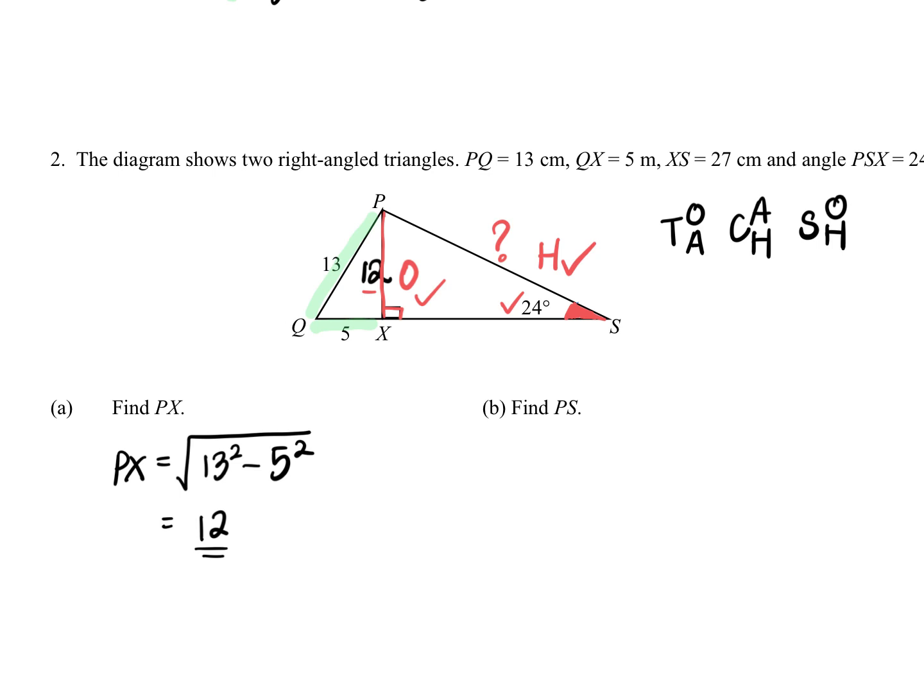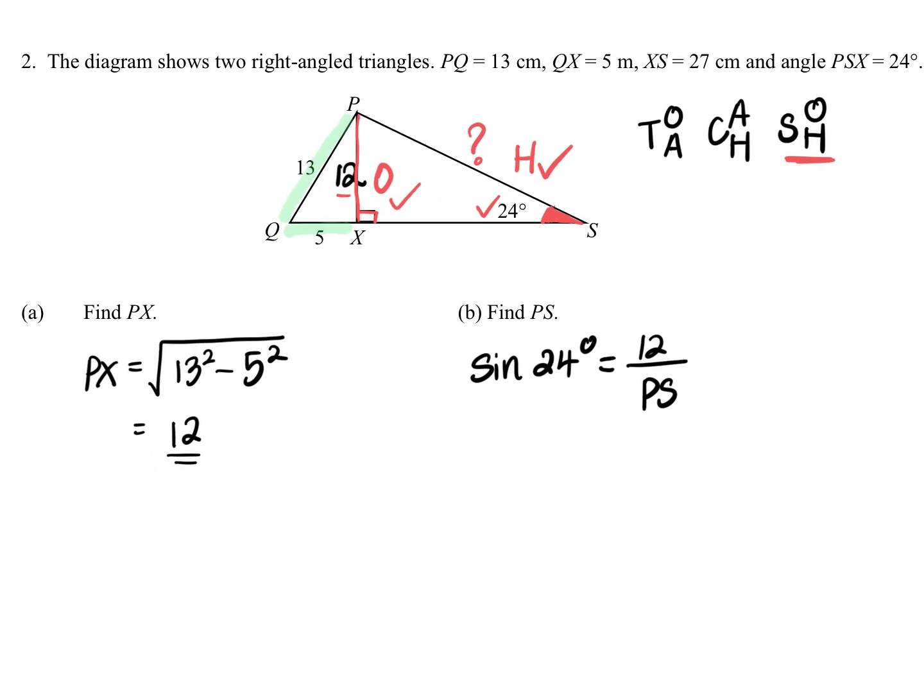I'm given information for O, and I must find H, the hypotenuse. So it's O and H, which gives me SOH. Sine must go with the angle. So sine 24 equals O, my 12, over the hypotenuse, which is PS.